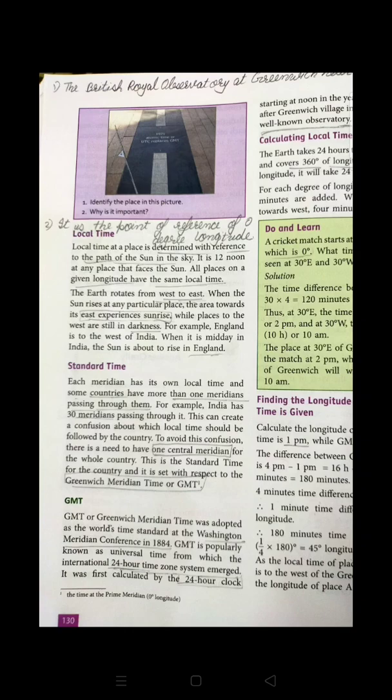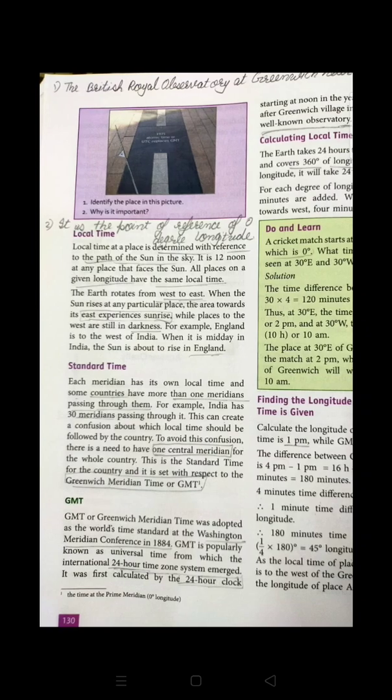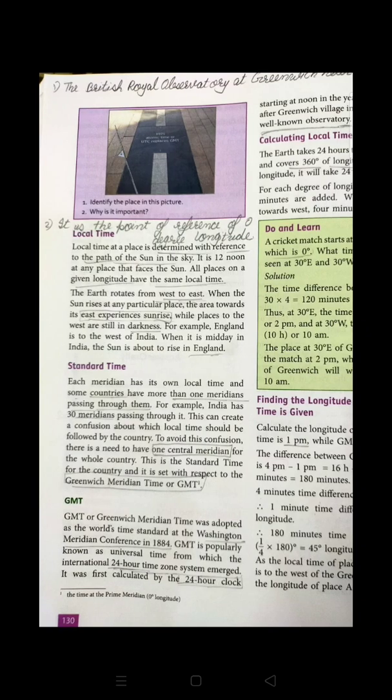We always said in the earlier classes as well that the sun rises in the east. So definitely the places in the east receive sunlight sooner than the places in the west. Here is an example: England is to the west of India.